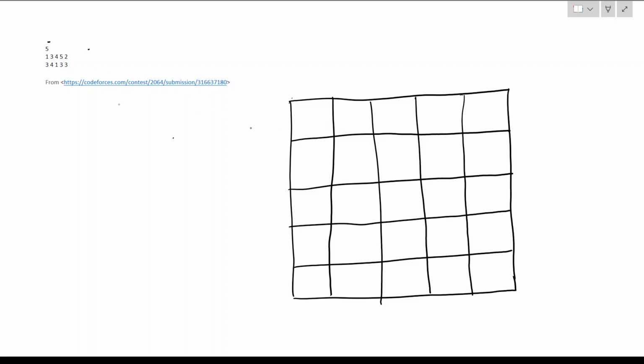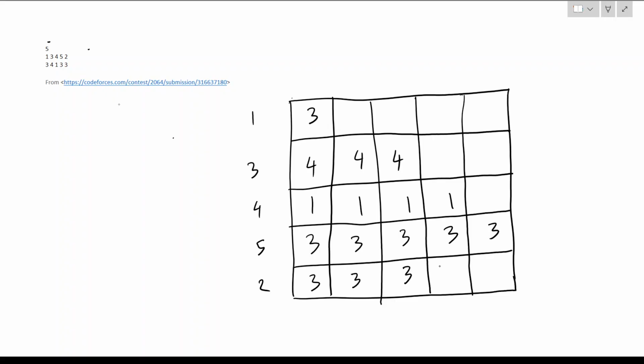So the permutation is just 1, 3, 4, 5, 2. And the colors assigned here are just 3, 4, 4, 4, 1, 1, 1, 1, 3, 3, 3, 3, 3, and 3, 3, 3, 3.